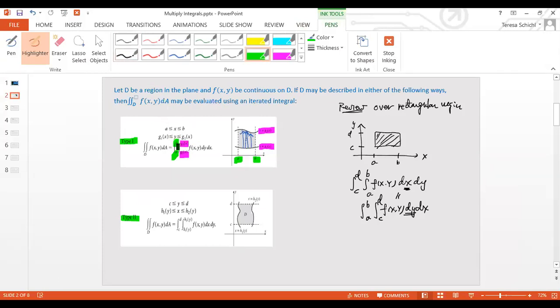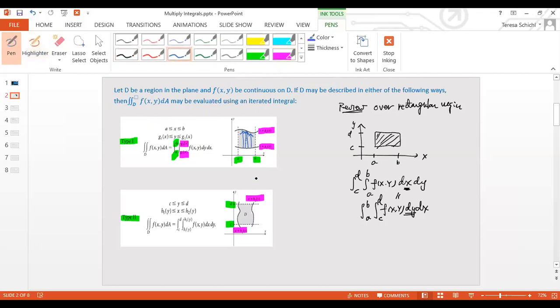Type 2 is the y case. Here y has the fixed bound, c and d. Then what happens to x? The x bound is based on functions.